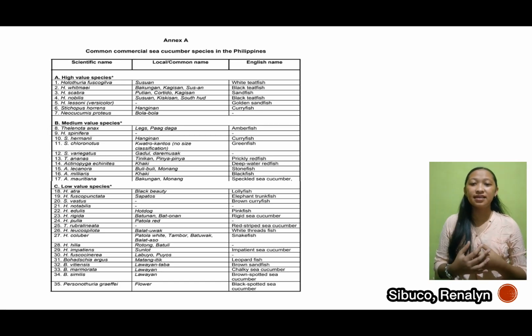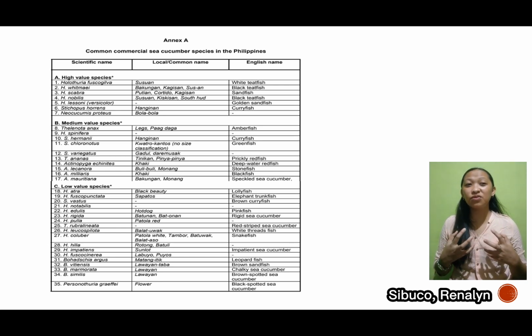As you can see in the table, we have the different kinds of sea cucumber. Naa sila kuan scientific name, local name, English name. So, ang known naman gid sa tuwa is ang local name di ba nila. Then makaingon ta nga na ang sea cucumber kay balat.